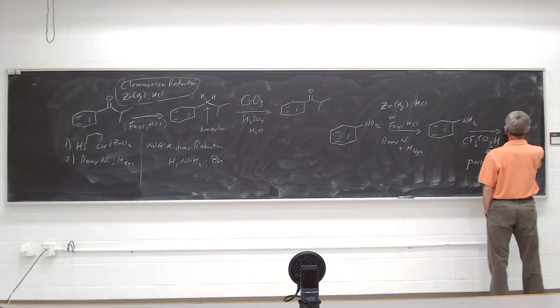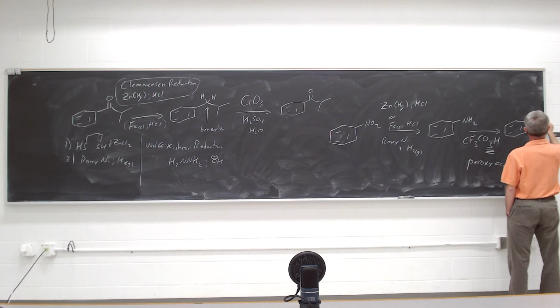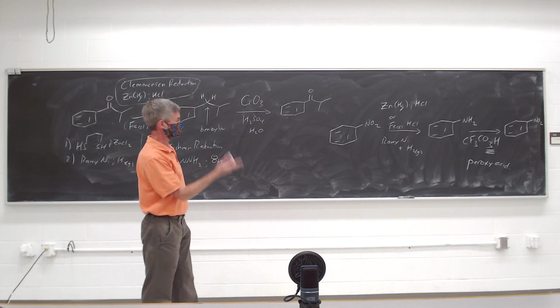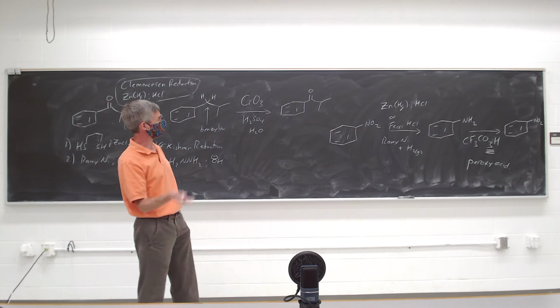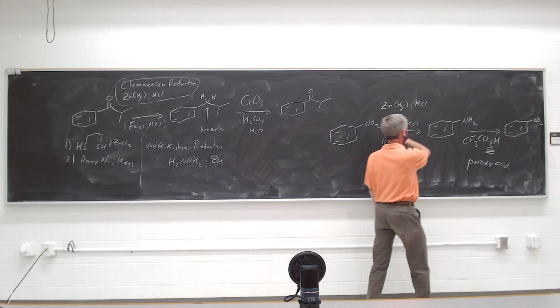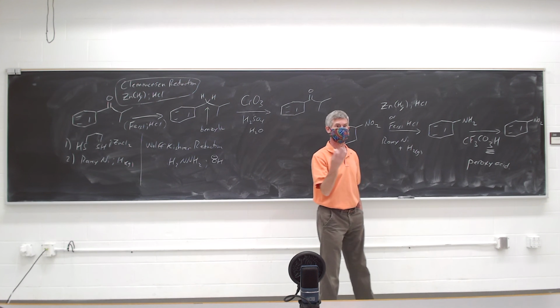That's handy because NO2 is inductive electron withdrawing and renders the ring less reactive, and NH2 is resonance electron donating and renders the ring more reactive. So we frequently want to convert an NO2 group to an NH2 group or back.